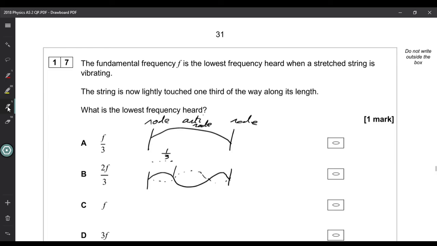Because we've touched the string at this third along, we can see now that we've got 3 times the frequency, because we're actually reducing the wavelength by a third. So the answer to this one is going to be 3F.